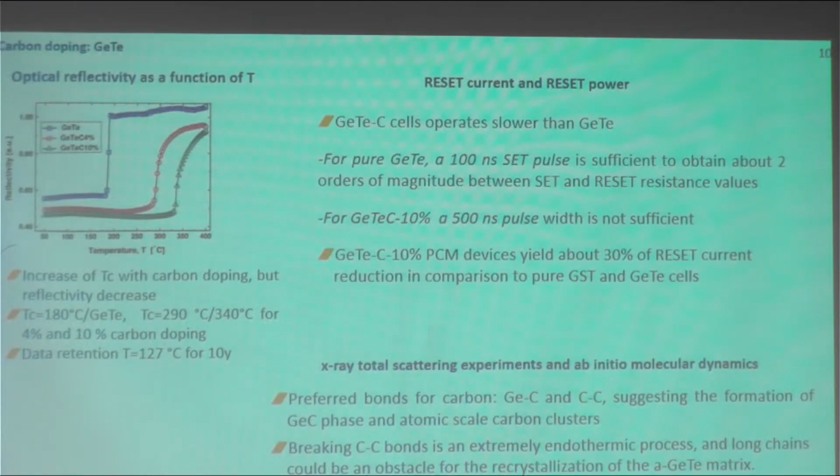So doping germanium telluride with carbon, from one side, improves the thermal stability, but from another side it can bring some issue for the crystallization of this material.